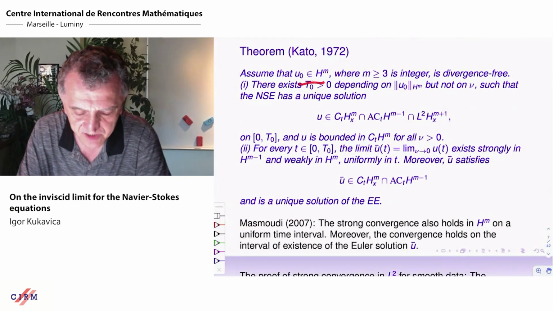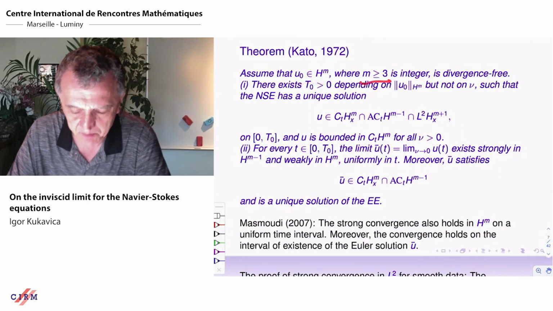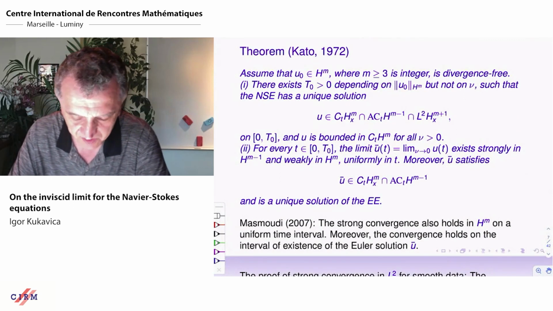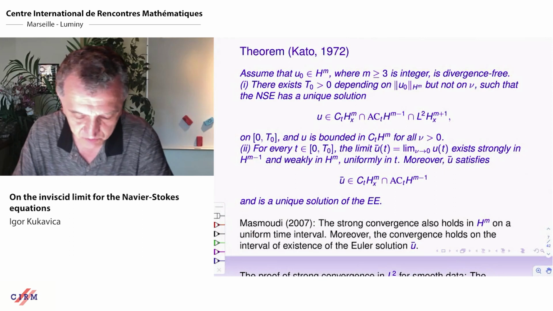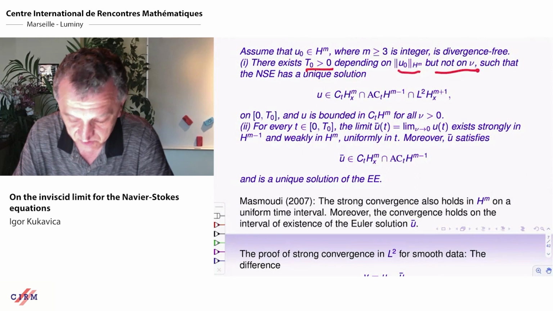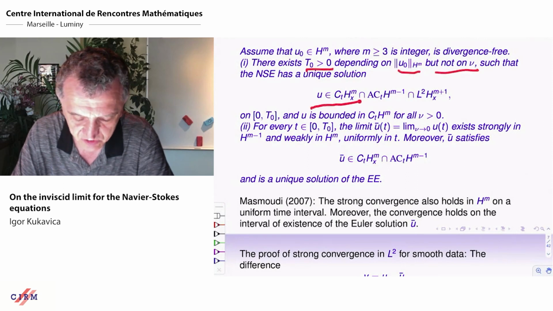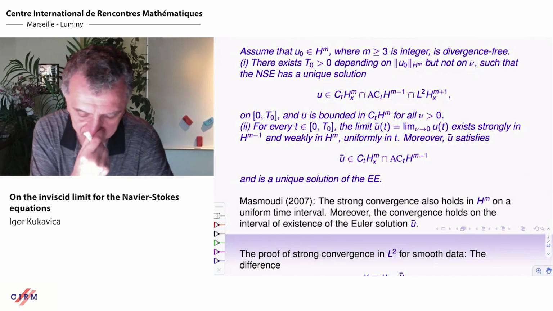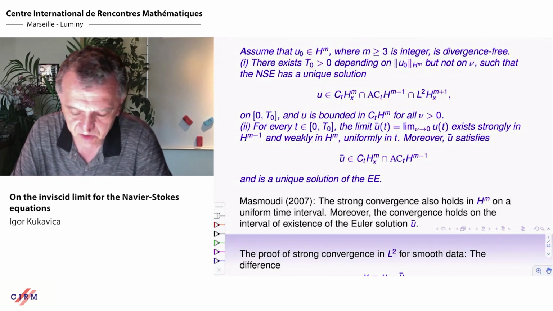If the initial data is in H^m, m an integer, which is not essential by later theorems, but he had m greater or equal than 3, m bigger than 5/2 works, then there exists a time depending only on the size of the initial data, but not depending on nu, such that u is a solution which is continuous in H^m and absolutely continuous in H^(m-1).